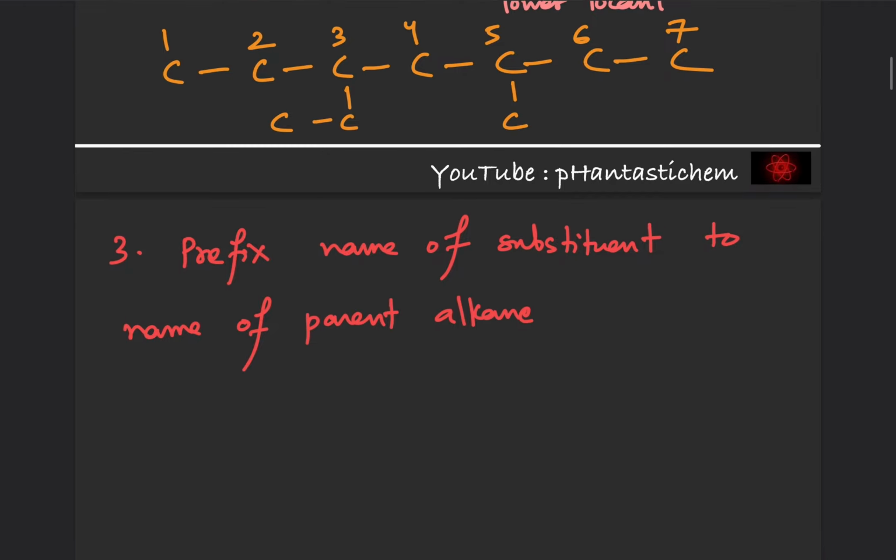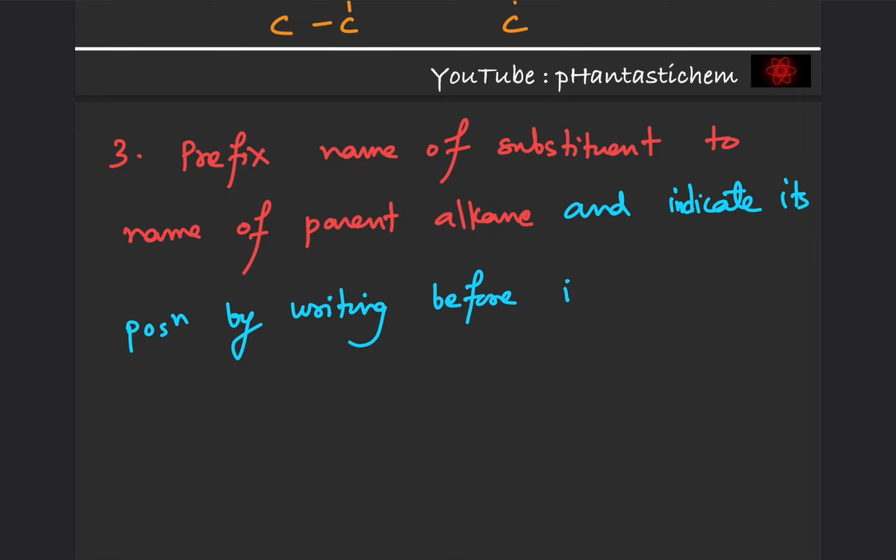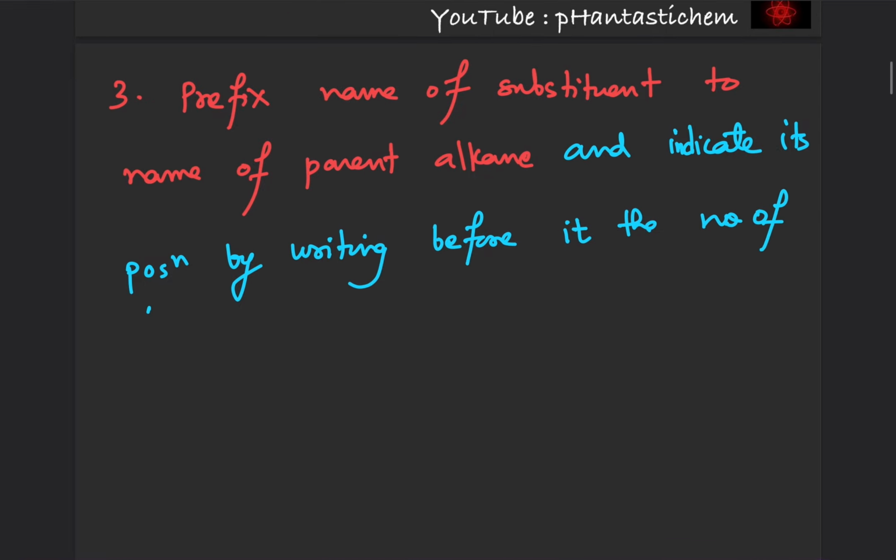Indicate its position by writing before it the number of the carbon atom carrying the substituent, or you can say writing the locant.